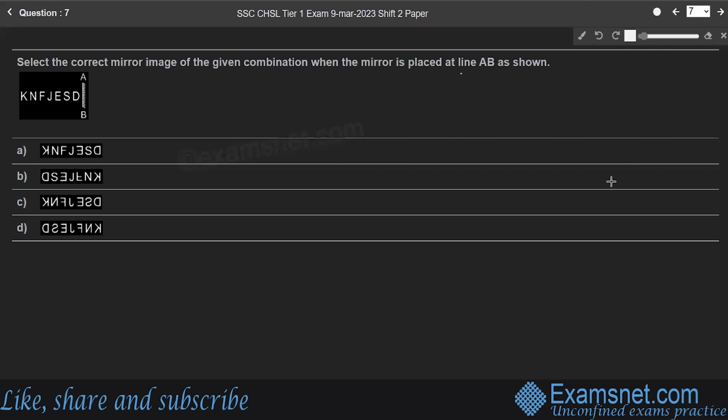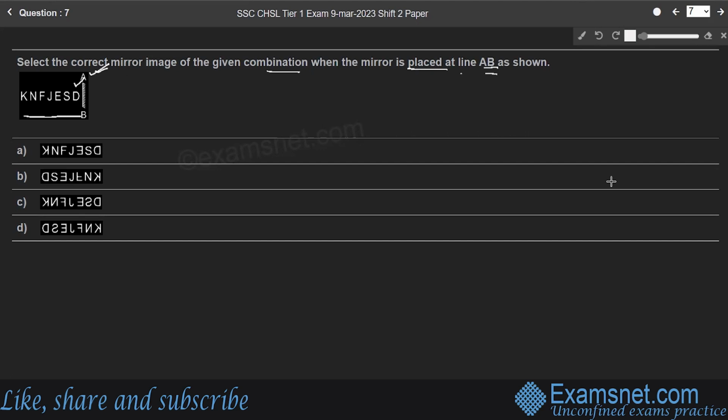Question 7. Select the correct mirror image of the given combination when the mirror is placed at line AB as shown. So here mirror is placed at AB. So mirror image of the given letters will be, so first D appears, right, which is close to the mirror. So here D is not a symmetrical letter.